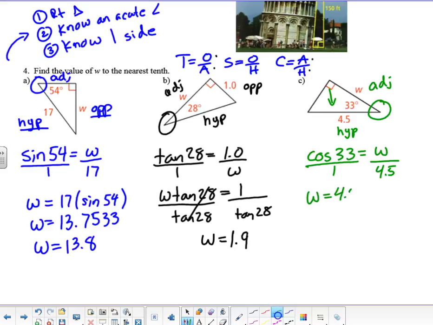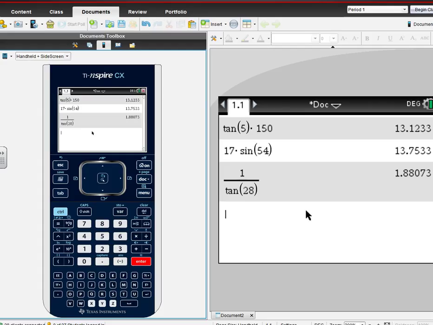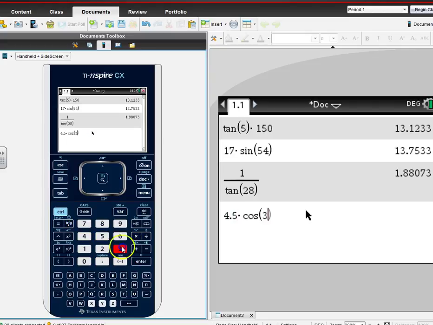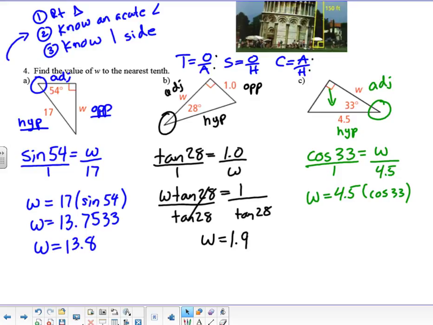W equals 4.5 times the cosine of 33. So let's see what that comes out to. 3.774. So that's going to round up to 3.8. So W would equal 3.8.